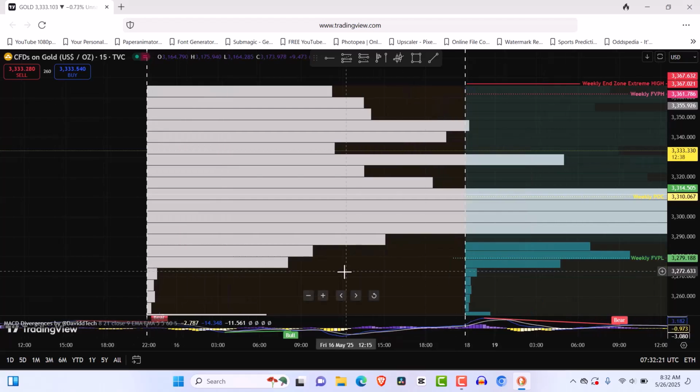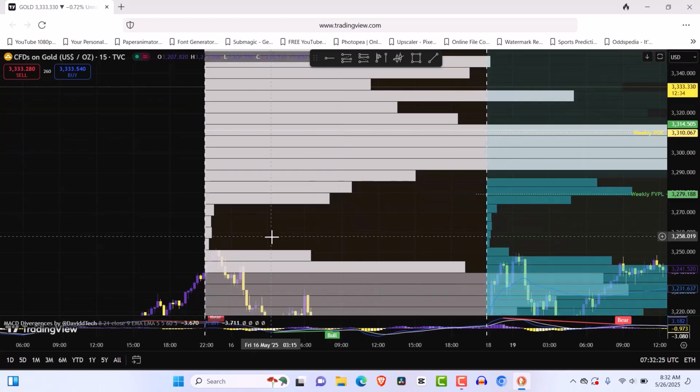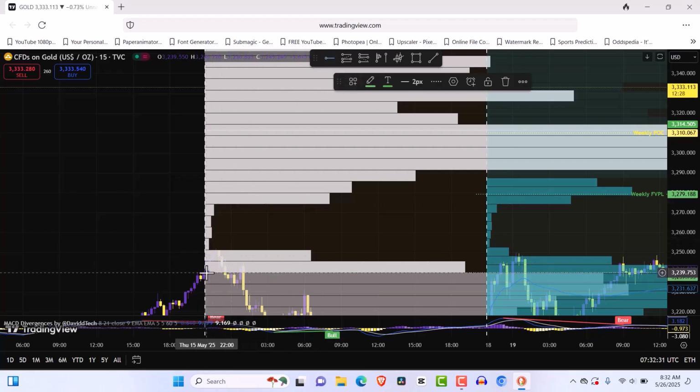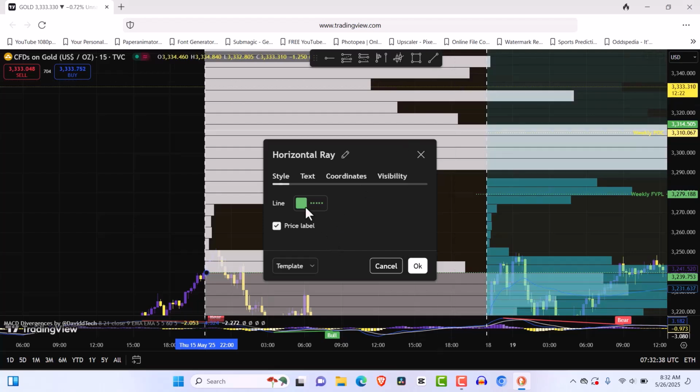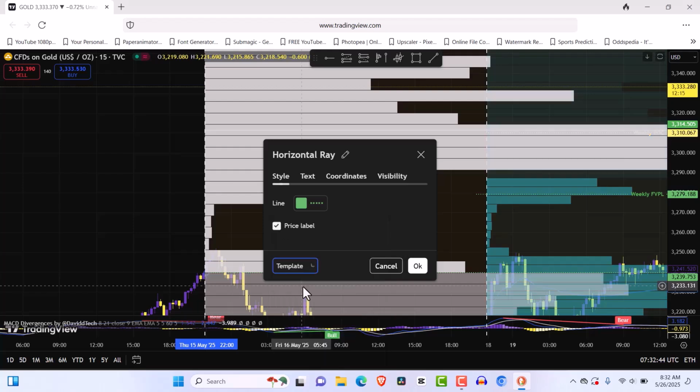So I'll mark that. Usually I have this set up already. I hope this is not too long for you guys. So this is my daily low. Okay, so mark that out. So that's the daily low.